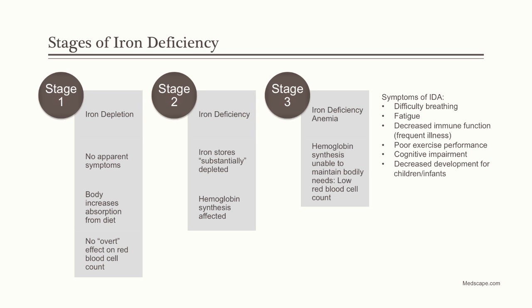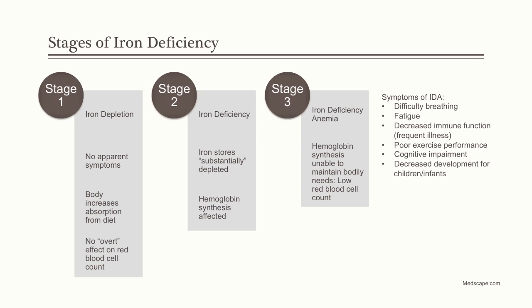In stage 3, iron deficiency anemia, the symptoms are apparent because the body is unable to make enough blood cells to sustain the major functions in the body, such as transporting oxygen and producing energy from metabolism. We addressed this when we went over the functions of the body.